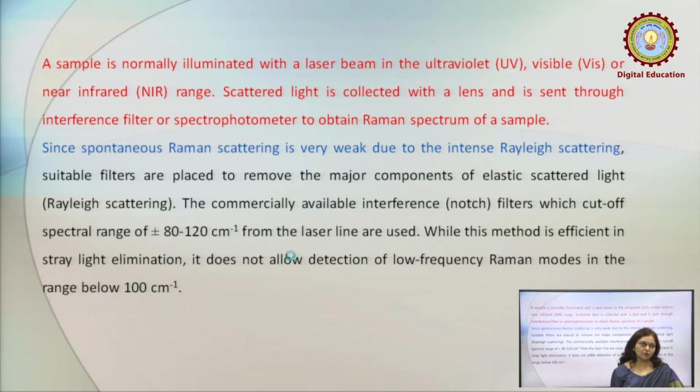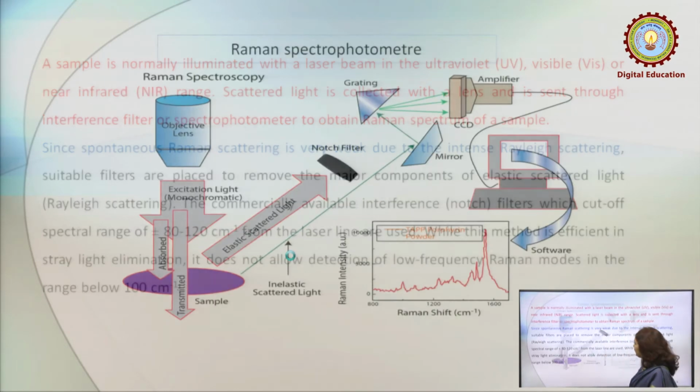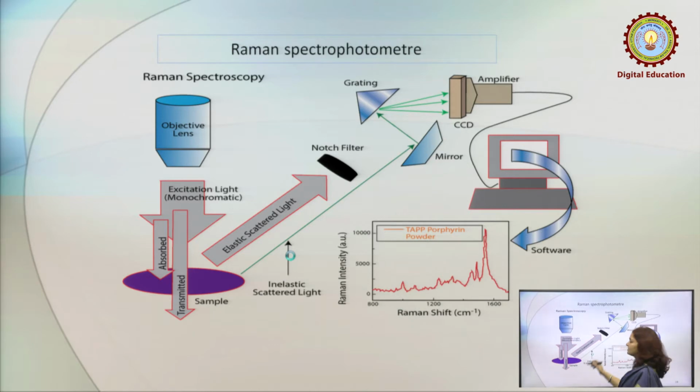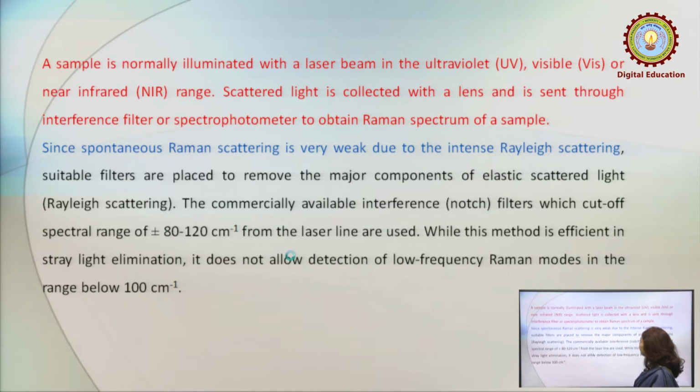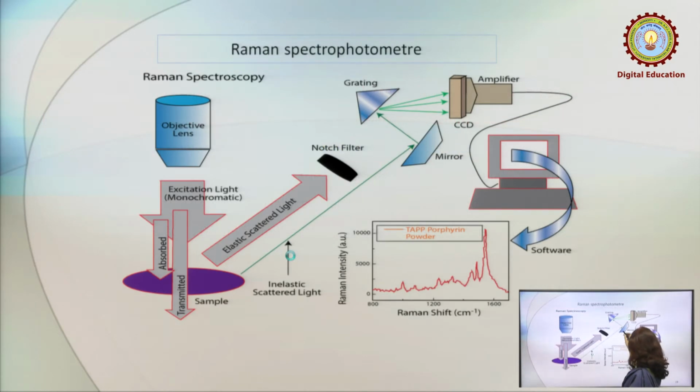In the Raman spectrophotometer, the sample is illuminated with a light beam in the UV, visible or near infrared range. The scattered light is then collected by a lens or mirror and sent through the spectrophotometer to obtain the spectra.